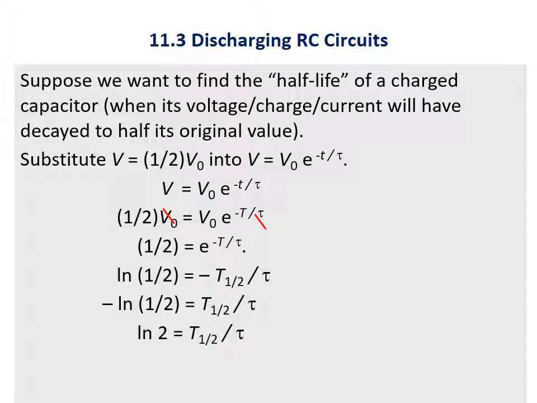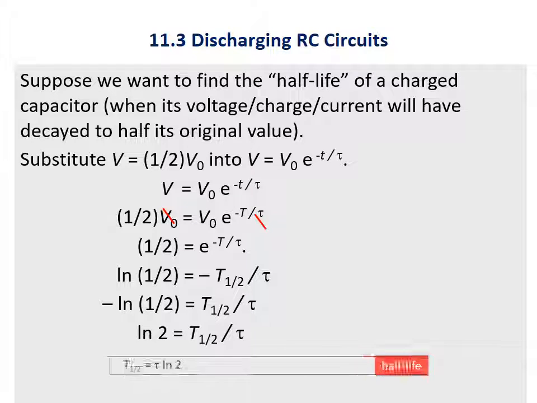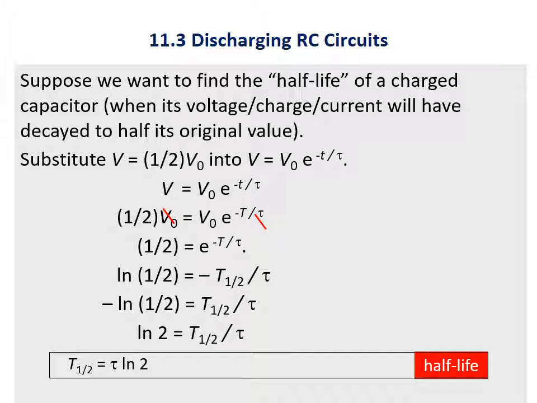So natural log of 2 equals t half, where t half is the half-life. That subscript is just denoting this is half the time, or the time it takes to discharge half of the energy, divided by tau, where tau again is RC. So this is the equation for half-life: the half-life equals tau ln 2.